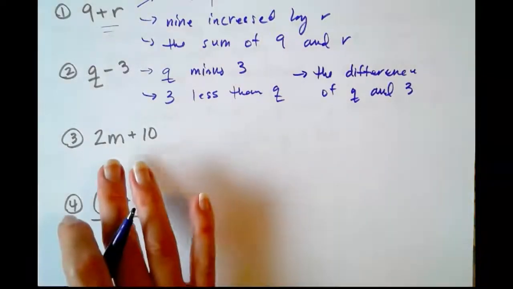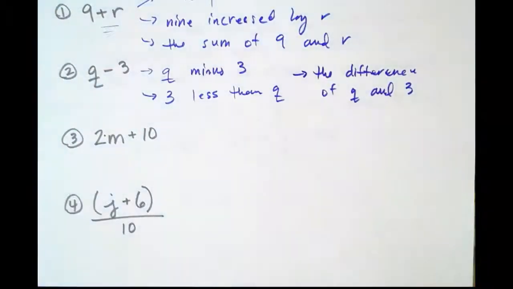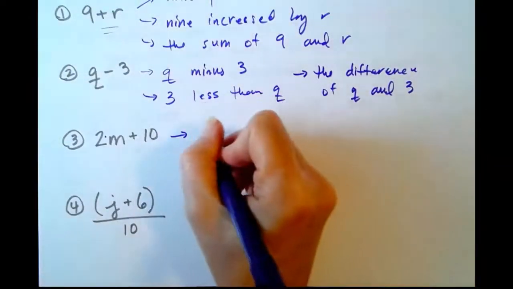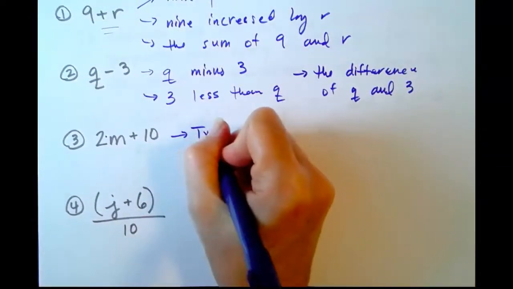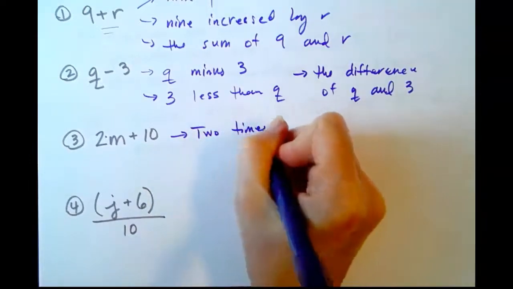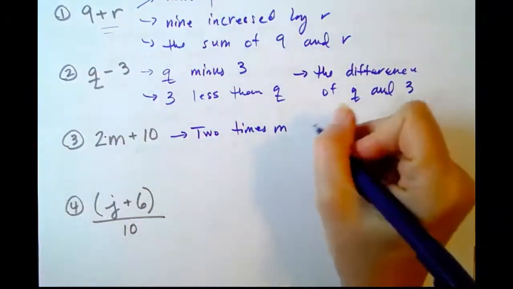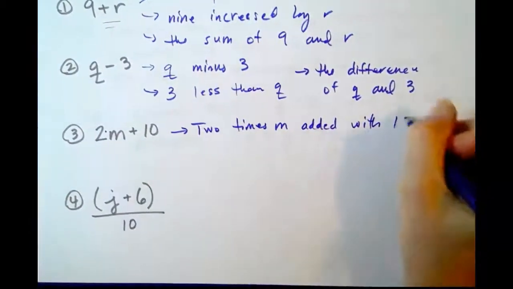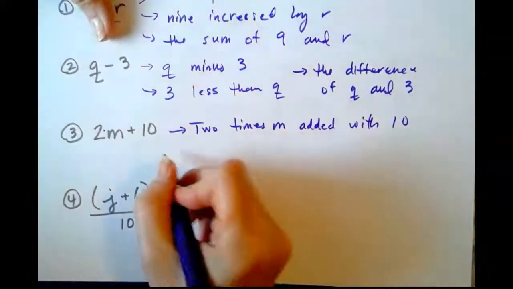Next, this one has multiplication as well as addition. And multiplication has to happen first because of order of operations. So we could say 2 times m added with 10. That's one way to say it.